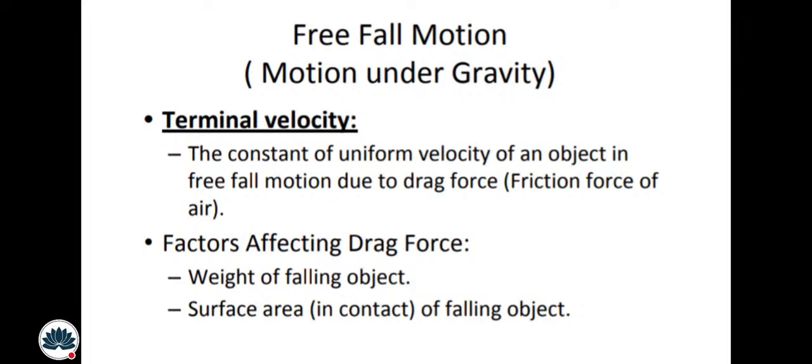If an object is moving in a circle, there must be a resultant force acting on it towards the center of the circle. This resultant force is called the centripetal force. The size of the centripetal force depends on the mass of the object, the speed of the object, and the radius of the circle.